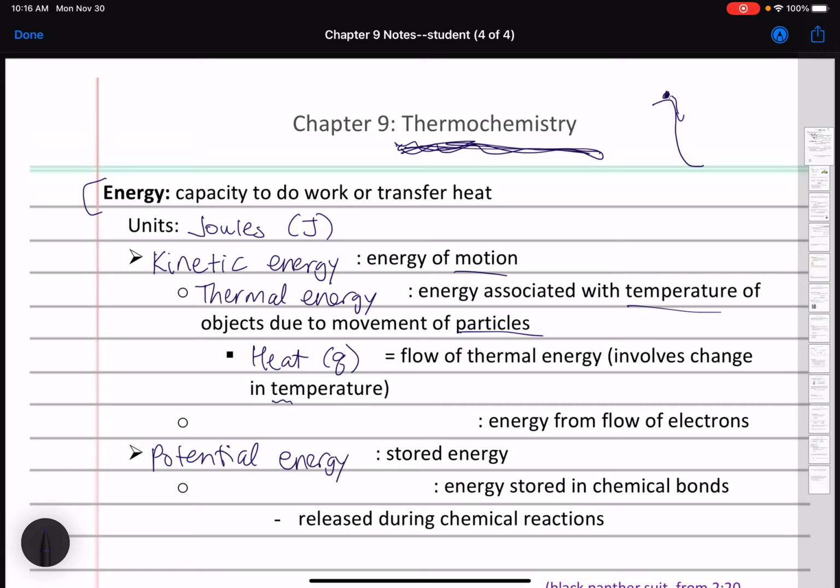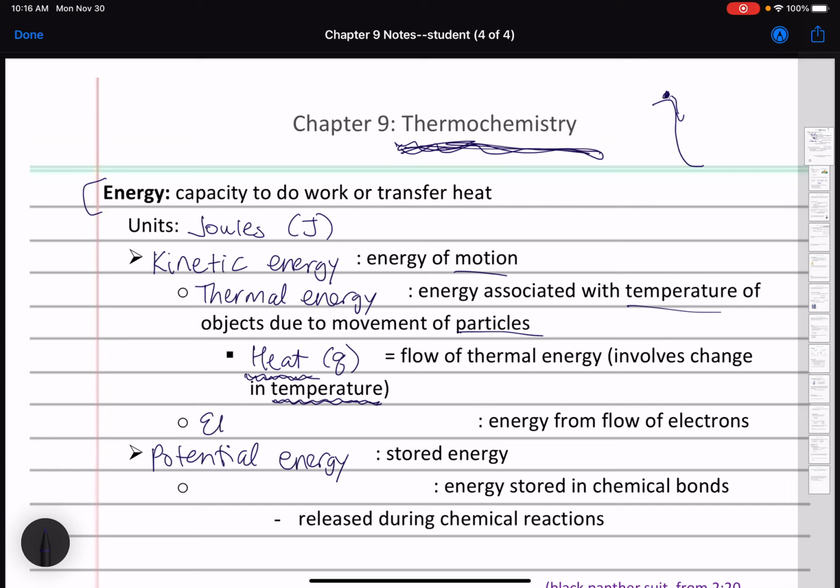So temperature is a measurement, and heat is an amount of energy. We often think of heat and temperature as being somewhat synonymous, but what you need to get in your head for chemistry is that temperature is a measurement of heat. Heat is a quantity of energy that something contains, and it can move from one thing to another.